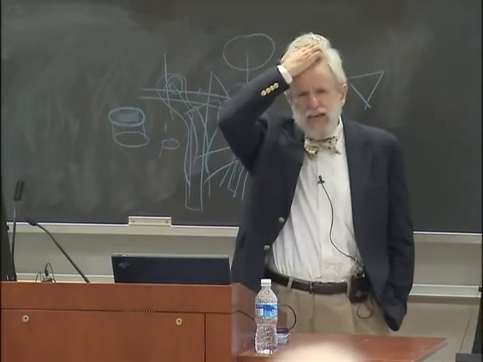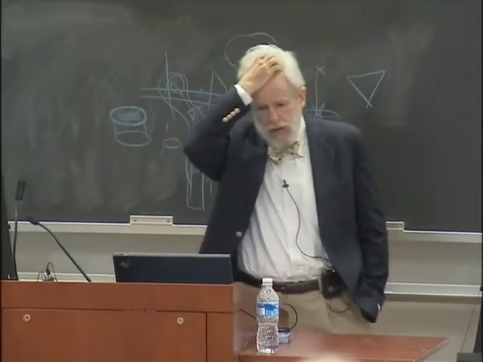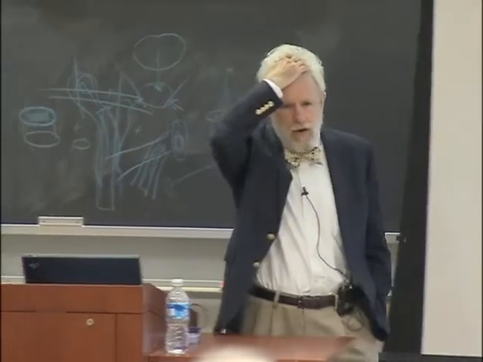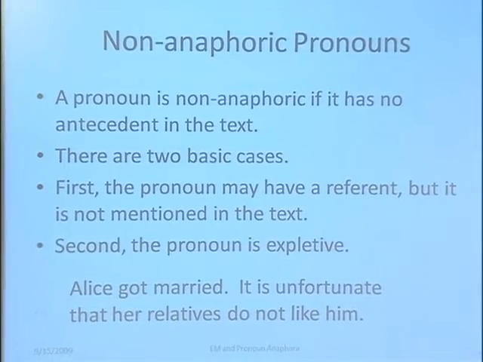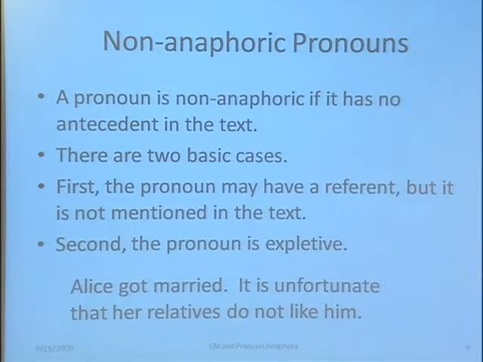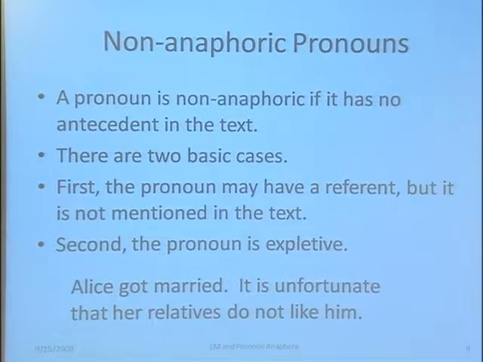Now, one thing that complicates all this is that not all pronouns are anaphoric. That is, not all pronouns have an antecedent. There are two basic cases where a pronoun may not have an antecedent. Firstly, the pronoun may have a referent, i.e. there is something in the world that this pronoun refers to, but there's no piece of text that describes this entity. And thus, as far as we're concerned, there's no antecedent.